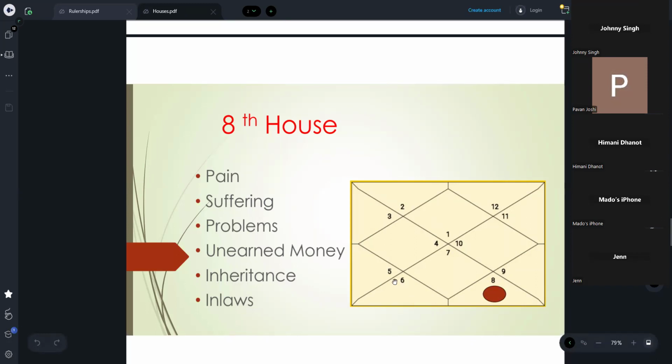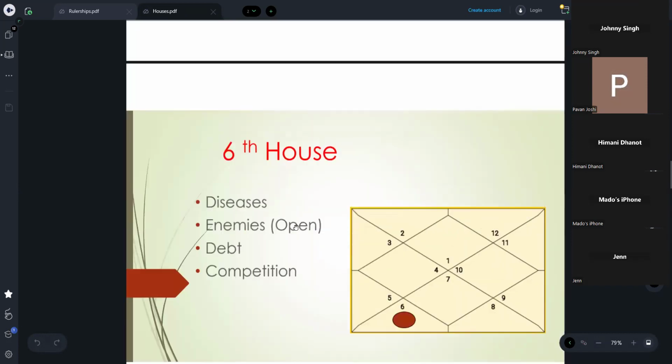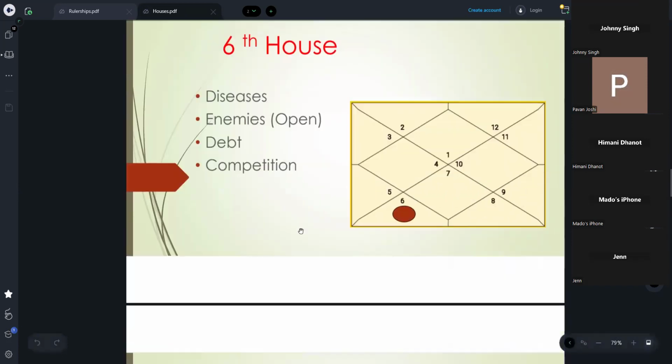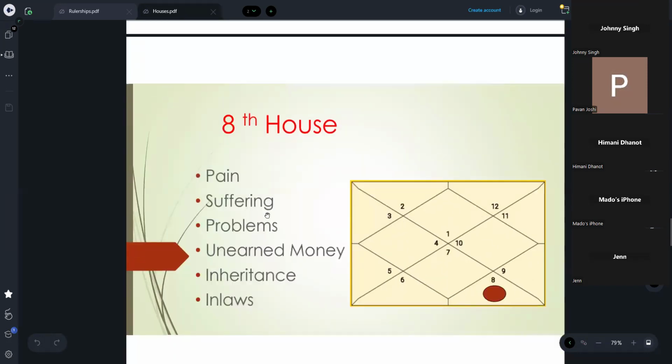Remember we said that sixth house is the house of diseases? If you see a connection between the sixth house of diseases in someone's chart, and they've come to you asking, hey man, I'm having health issues for the past 5 months, and you see that in their transit and their progression, the sixth house is active, you can tell them that they're experiencing disease in the sixth house related time.